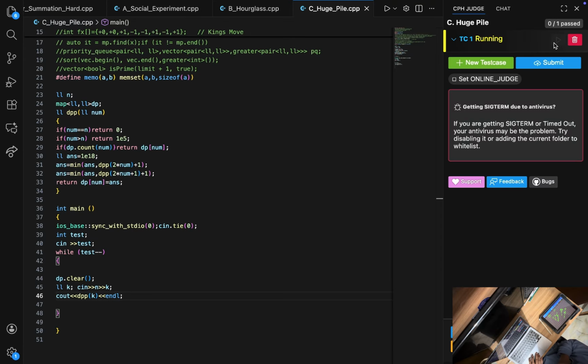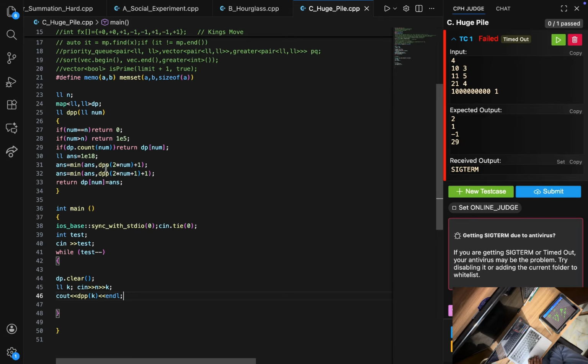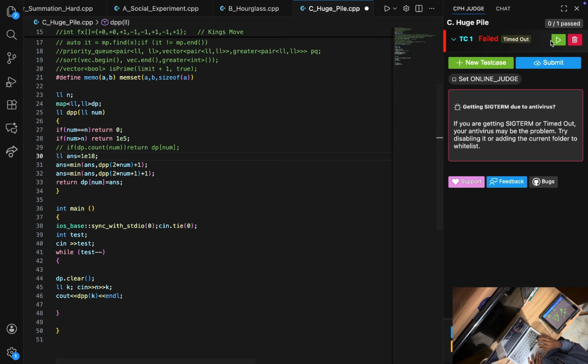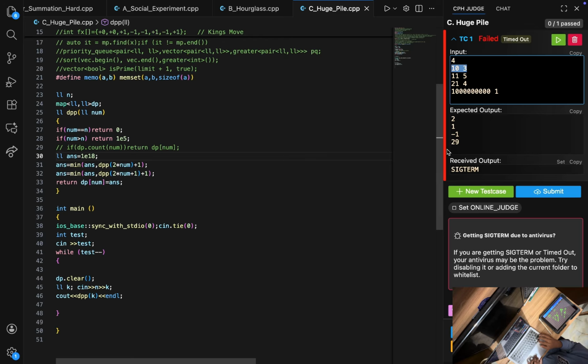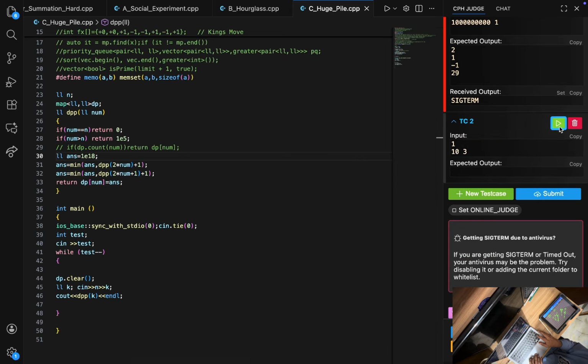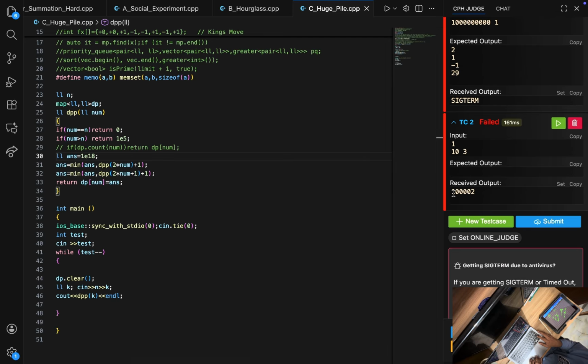Got a huge TLE. Okay, I have N and K. Let's remove it for now. Oh, yeah, that's right. If num equal to 0, return 0.